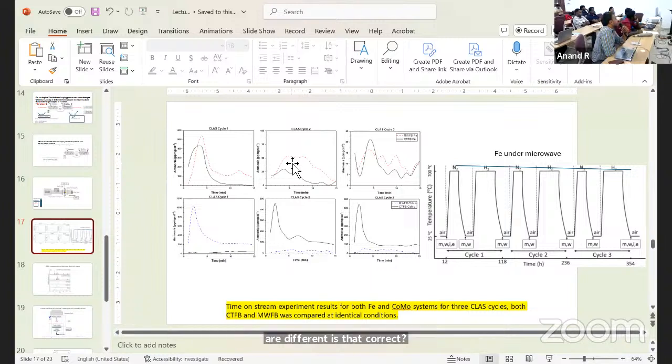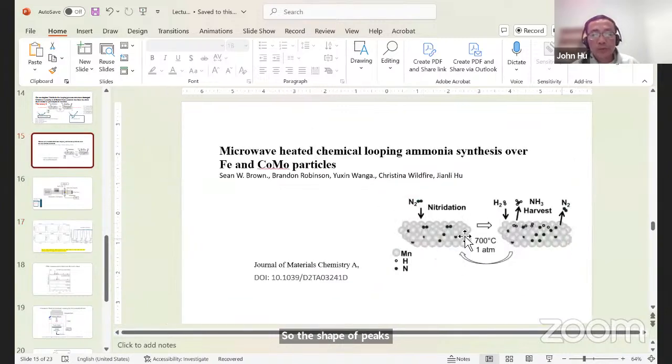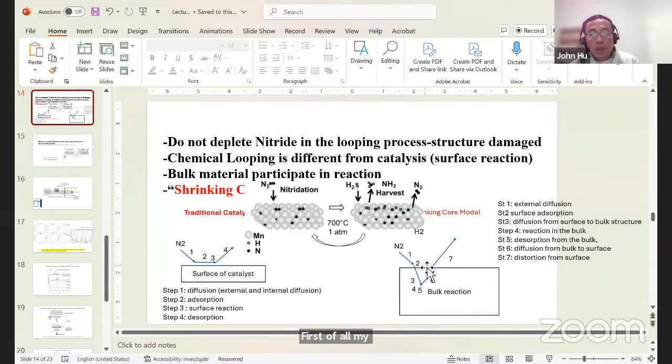Okay, good question. So the shape of the peak is relevant to diffusion. To answer your question, the structure does undergo change, which means the shape of peaks is really relevant.